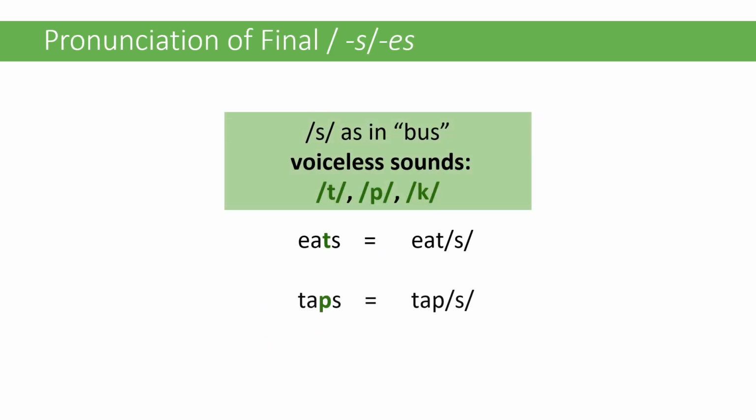So the final S is pronounced S, as in bus, after voiceless sounds. Examples of voiceless sounds include T, which is pronounced ta, P, which is pronounced pa, and K, which is pronounced ka.